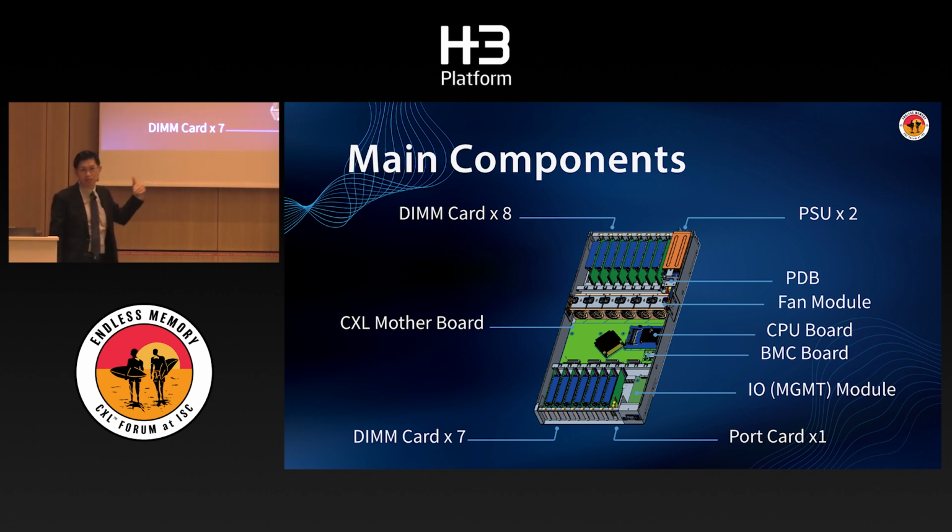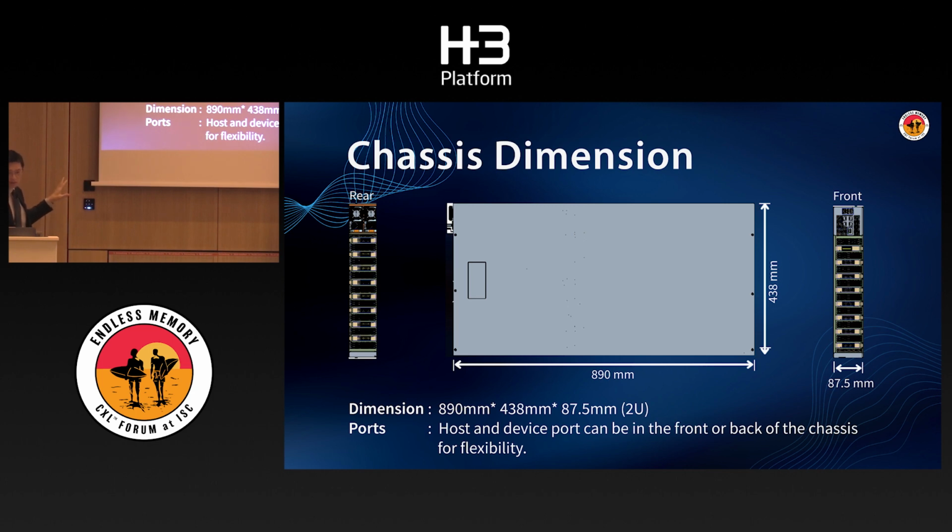And because it's 2-way, you can put front access or back access, using different cable directions depending on what you want. It's better for different data centers that want to deploy this. The dimension is 2U, and of course 19 inches wide, right?